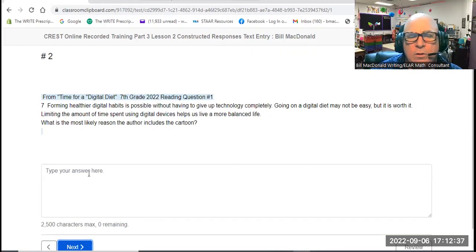This one takes a word or a phrase, so that it wouldn't mark it wrong. What I don't like about some programs is that if you don't have the exact words, then it marks it wrong. So I left it open-ended so that you can match what the student wrote to what you think is the best answer.